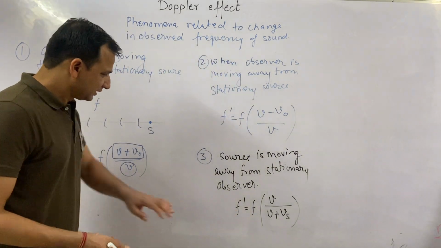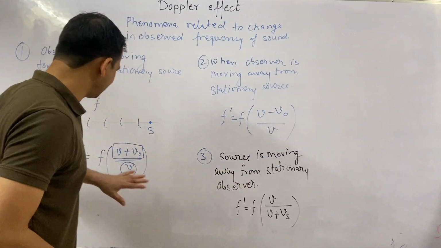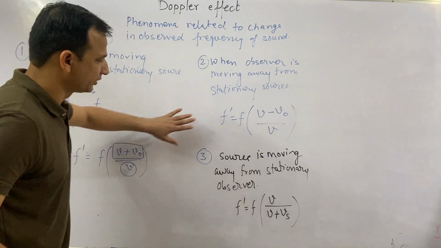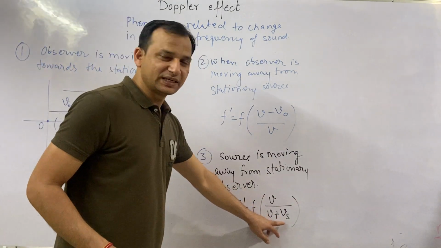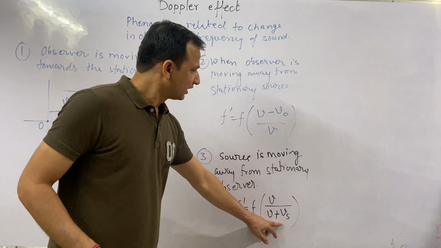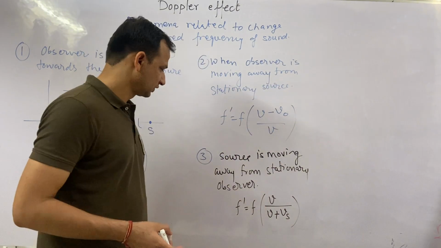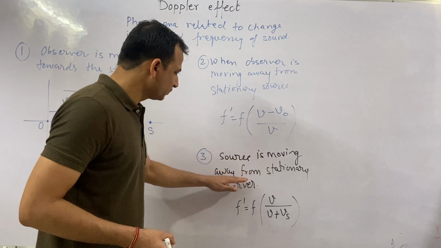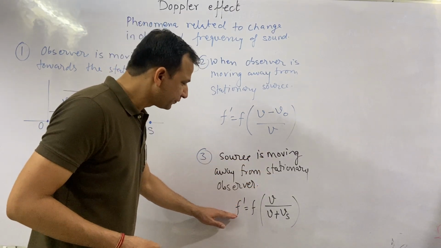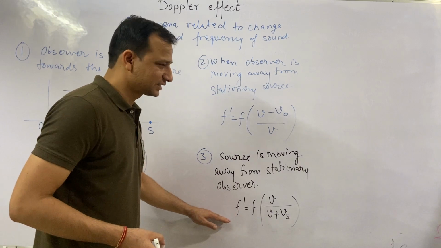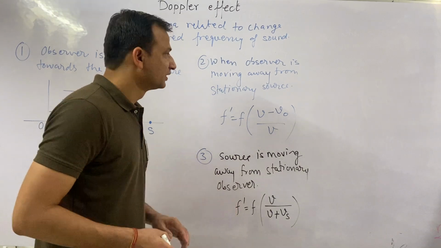Now this formula in the third condition is a little different from the first two formulae. Here vs is in the denominator, earlier v0 was in the numerator. So when the source is moving away from the stationary observer, the observed frequency decreases. This is what the observer will perceive.